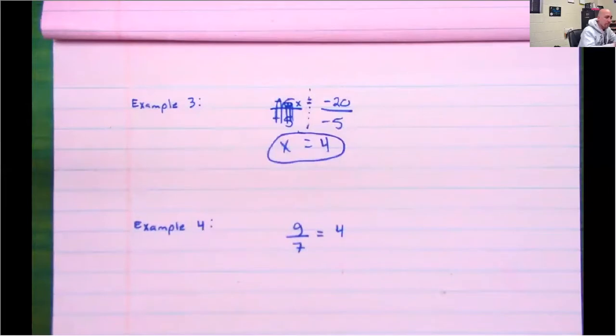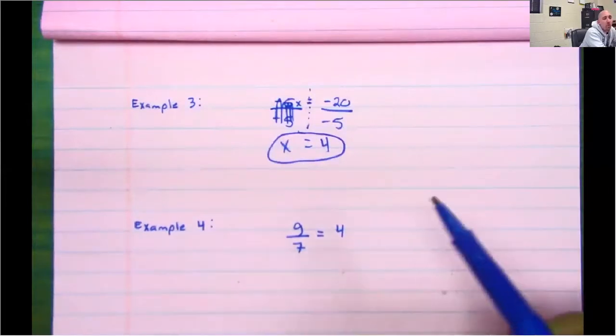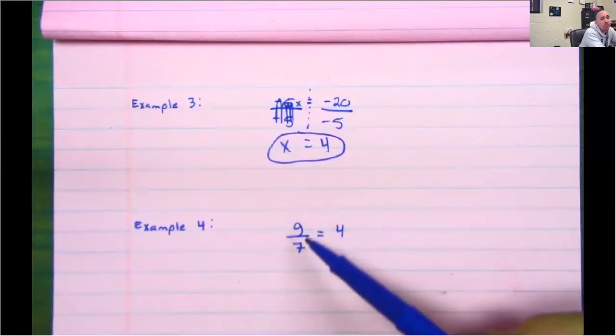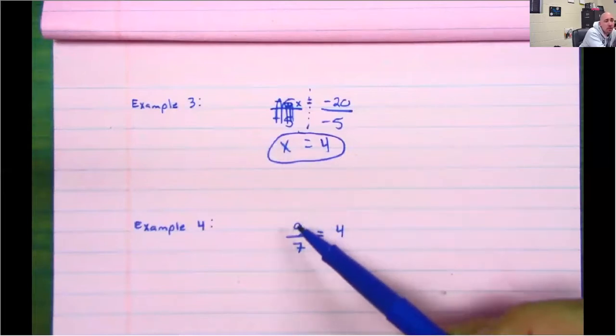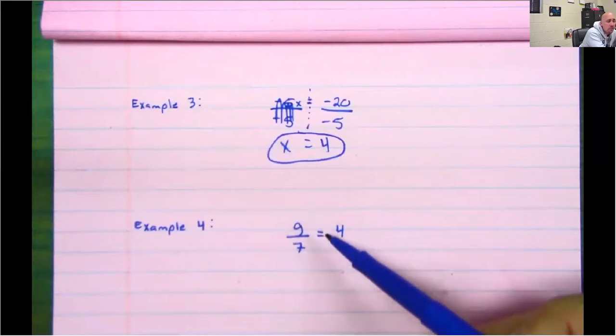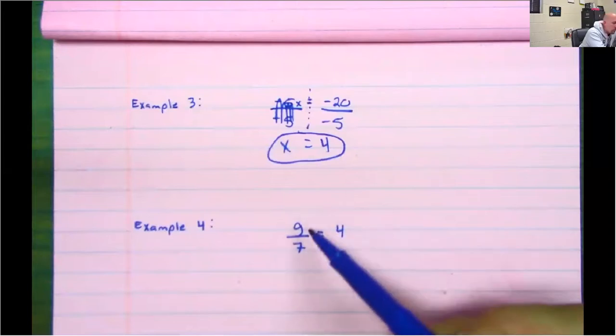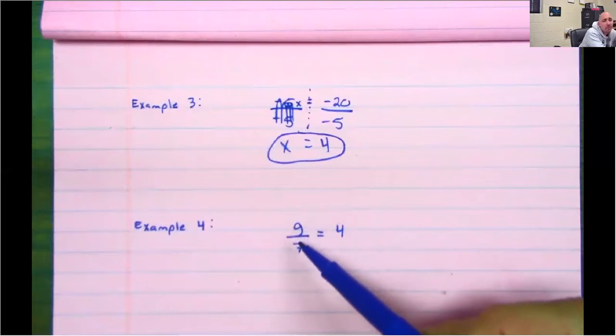Not bad. Now let's see what you got here. Oh, different. Now we're in fraction form. Guys, fraction form means division. This says g, some unknown number g, divided by 7 is equal to 4. Well, we're trying to get g by itself, but it's being divided by 7. What's the inverse of dividing by 7?